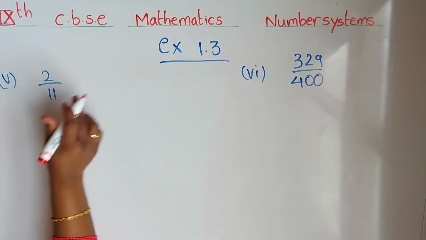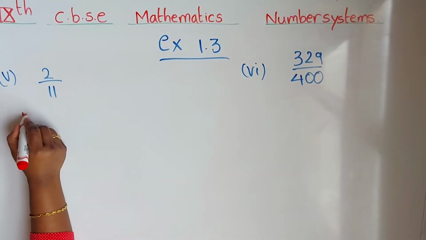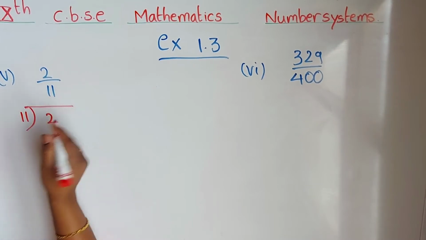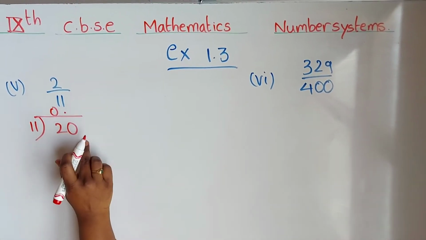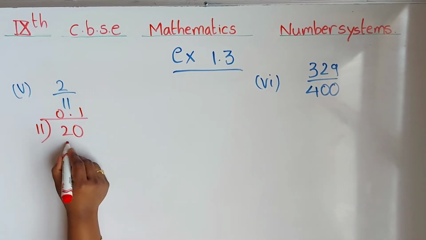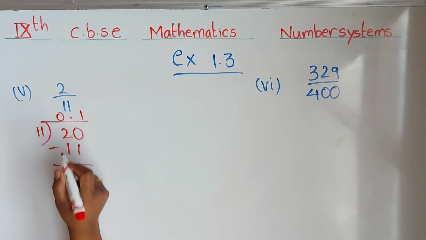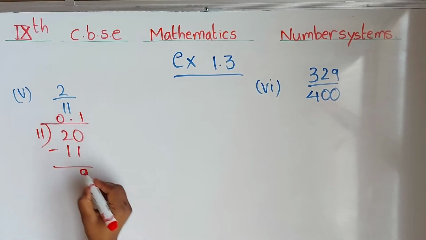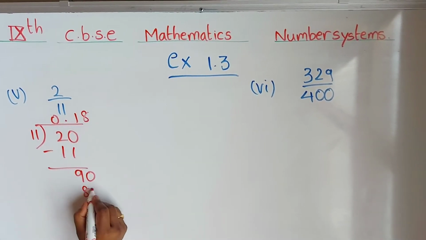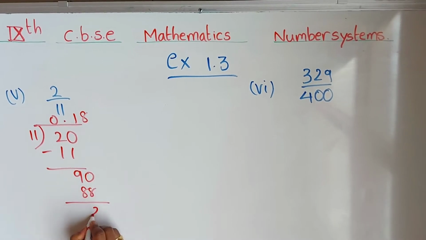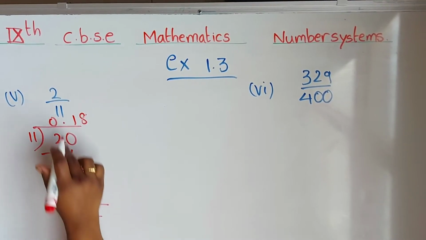Question 5, children, it is 2 by 11. Start dividing with 11. First I am writing 0 point so that I can write here 0. 11 ones are 11. 20 minus 11 it is 9. Point already there. So I am writing here 0. 11 8s are 88. Now the remainder 2. Point is there.